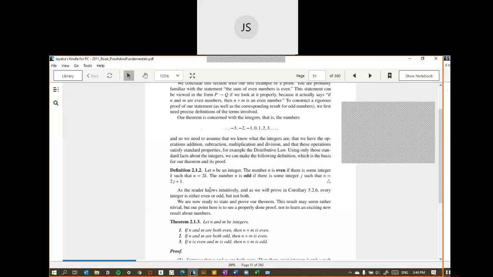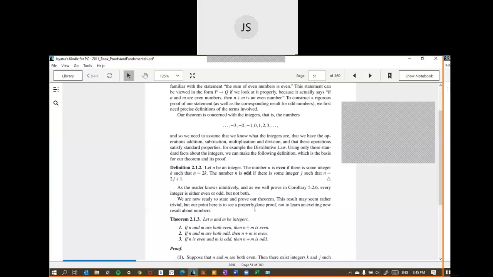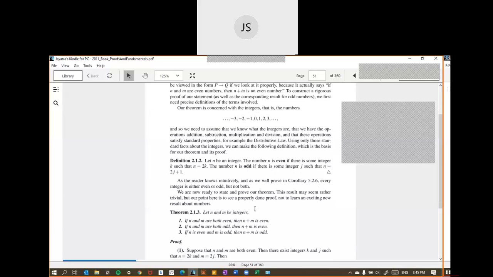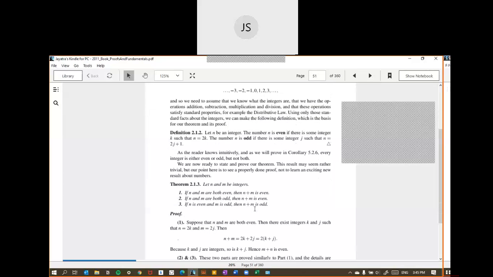But how would you do it if you have not defined what an arbitrary element looks like? So this is what an arbitrary even number looks like, and this is what an arbitrary odd number looks like. Every definition and every theorem serves a purpose in what you're trying to do in mathematics.